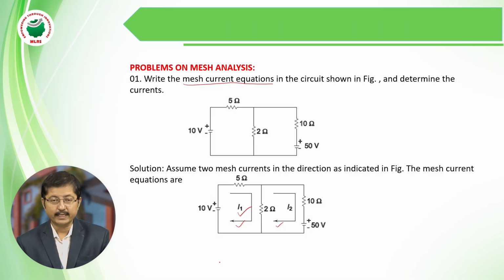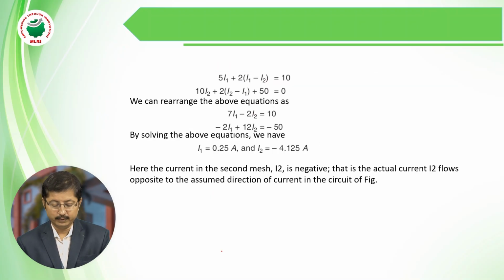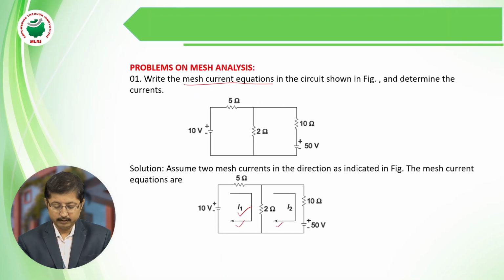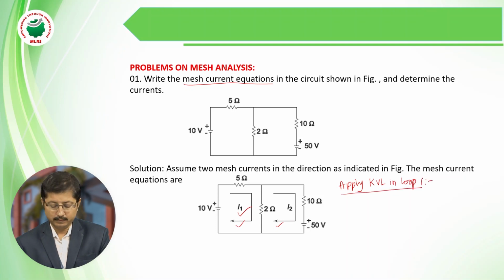First we have to write KVL in the first loop. Let us label the points A, B, C, D, E and F. I am considering the first loop, that is A, B, E, F and A, and applying KVL here.